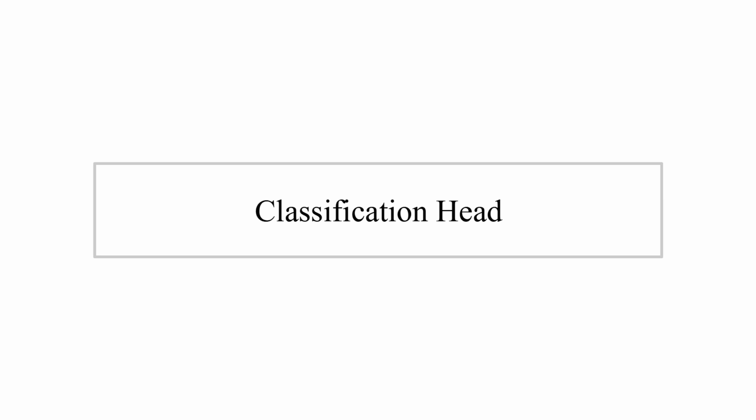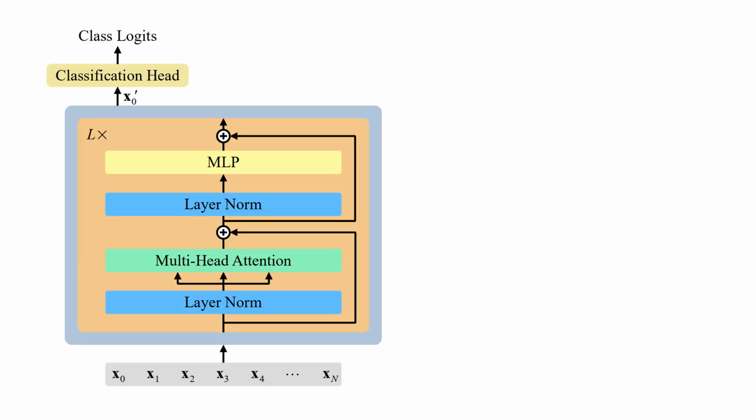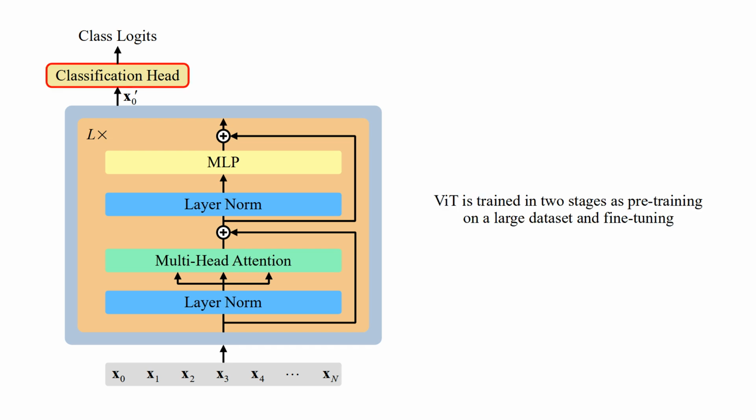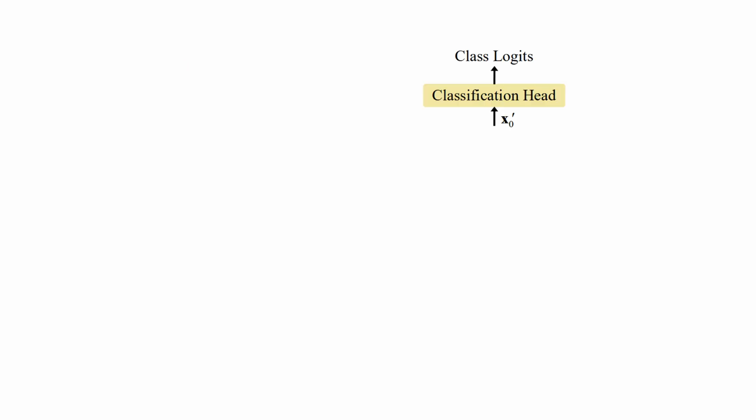Classification head. Vision transformer is trained in 2 stages as pre-training on a large dataset and fine-tuning. Classification head for pre-training is an MLP with 1 hidden layer.